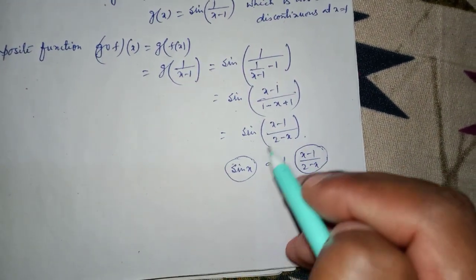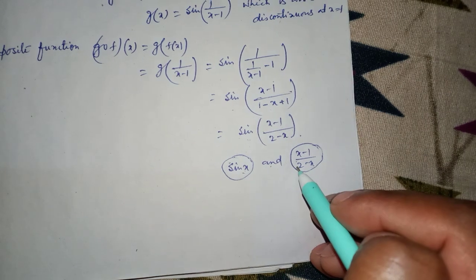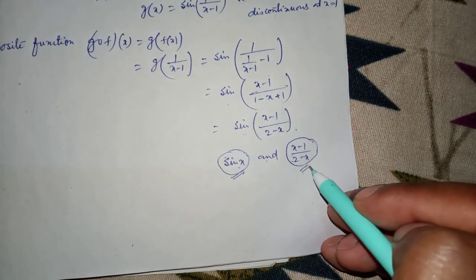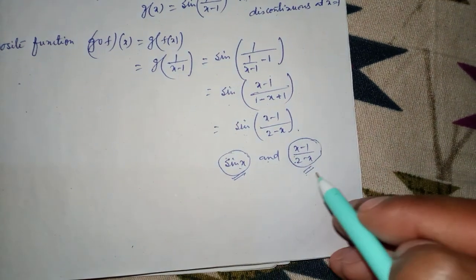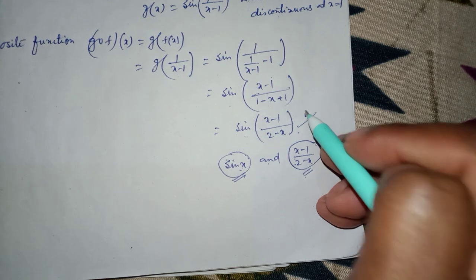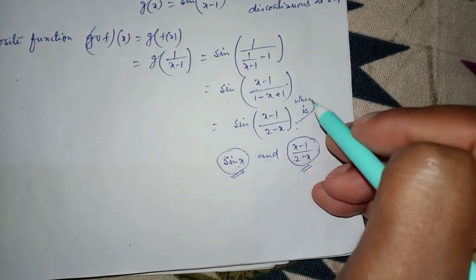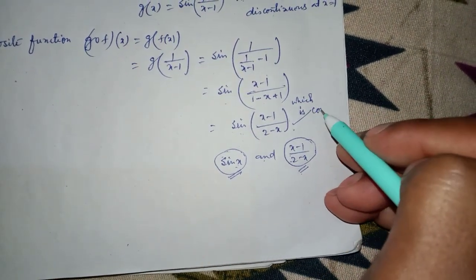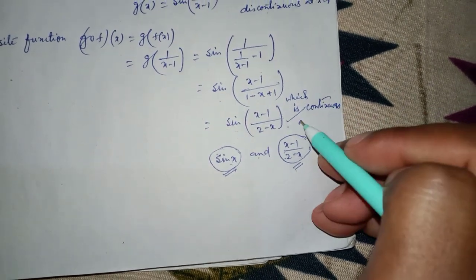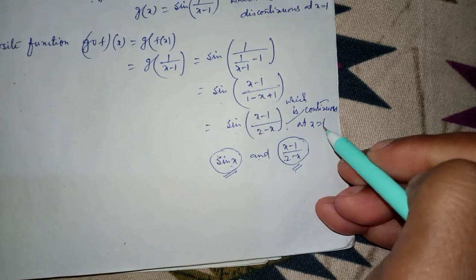Each is continuous at x equal to 1, and the composition of two continuous functions is also continuous. So this is continuous at x equal to 1.